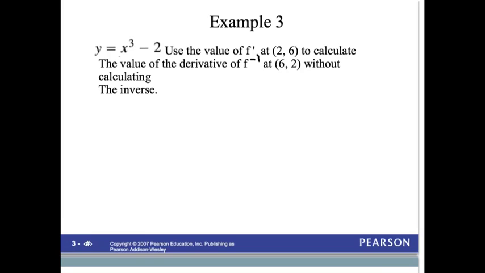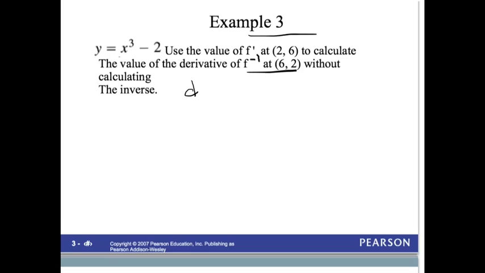Now let's work one last example. Let's take the function y equals x cubed minus 2. We want to take the value of the derivative at (2, 6) and calculate the value of the derivative of the inverse at the point (6, 2) without calculating the inverse.